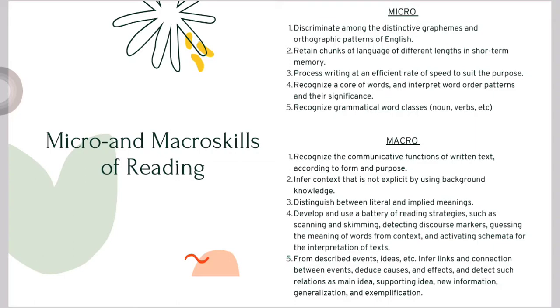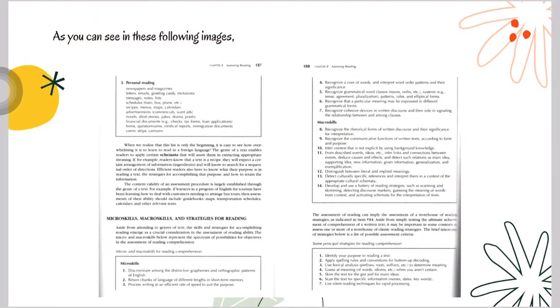The last one is describing events, ideas, etc., inferring links and connections between events, deducing causes and effects, and detecting such relations as main idea, supporting idea, new information, generalization, and exemplification.